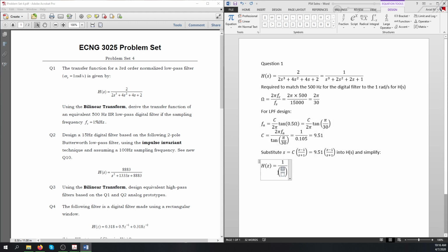So this is going to be 9.51 into z minus 1, z plus 1. Okay, we'll just make that look a little more neat. 9.51 z minus 1 into z plus 1.